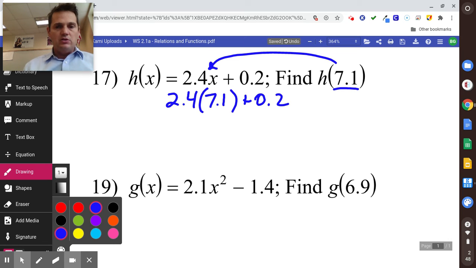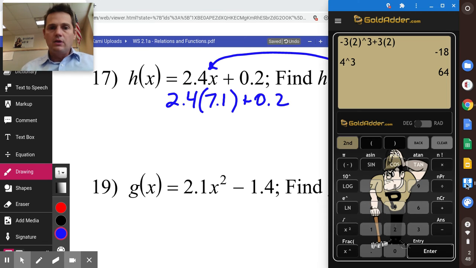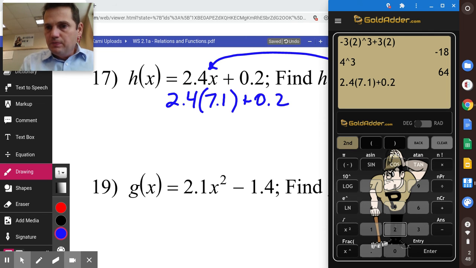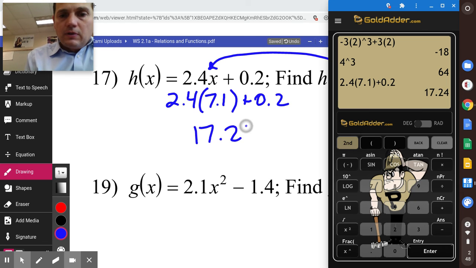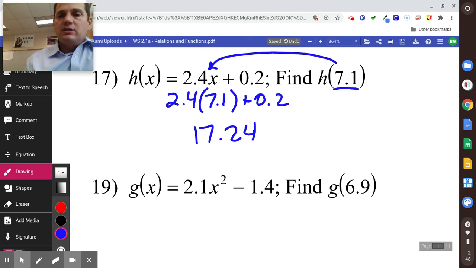I'm absolutely going to use a calculator. So 2.4 times 7.1 plus 0.2. I'll just type it all in like that. 17.24. Remember, the direction said round to the nearest hundredth, and that's what we've got.